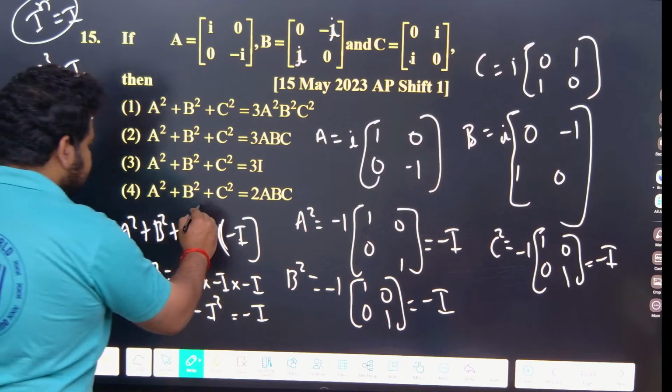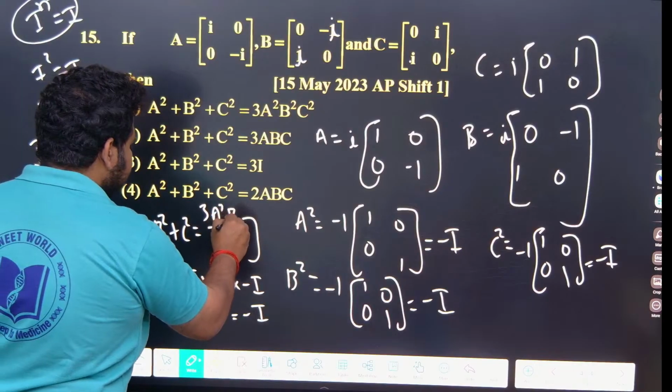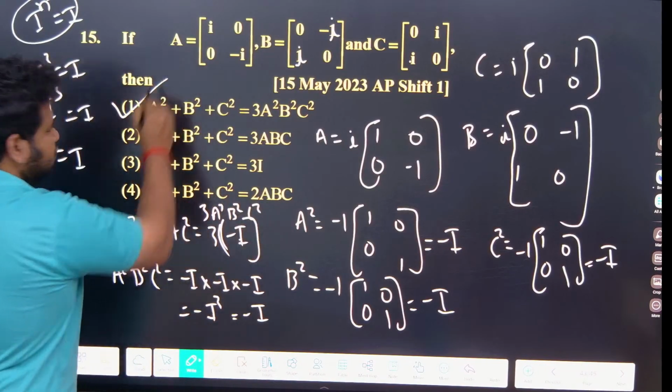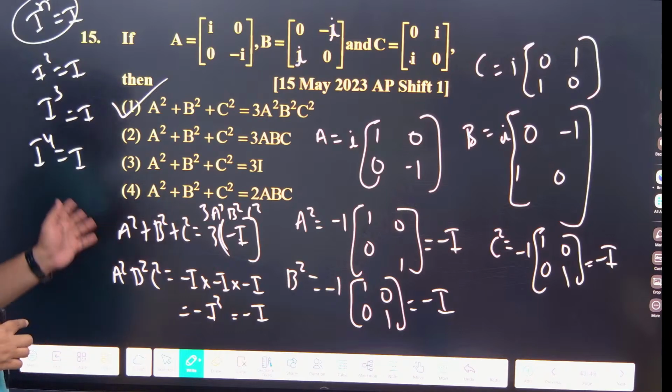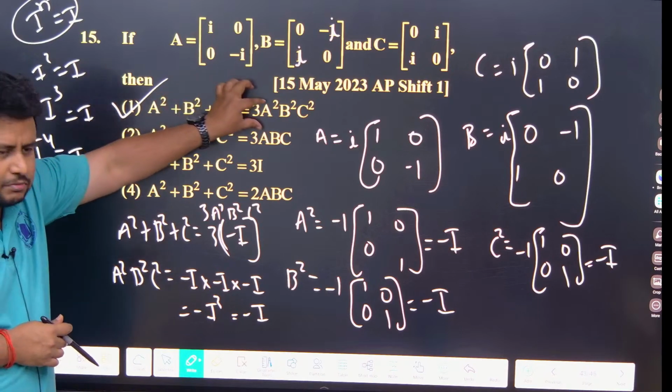So this is nothing but equal to 3 times A square B square C square, which is the first option. Understood? Siri, Bhavani, Akshaya, Liharika, Sharan, Harsha, Nishit and Rohan. Understood? Vaishnavi? So this is the option that is very apt.